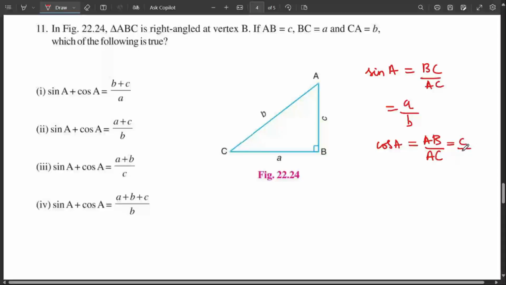So it is C by B. So sin A plus cos A is equal to A by B plus C by B, which is equal to A plus C whole divided by B. So option second is the right one.